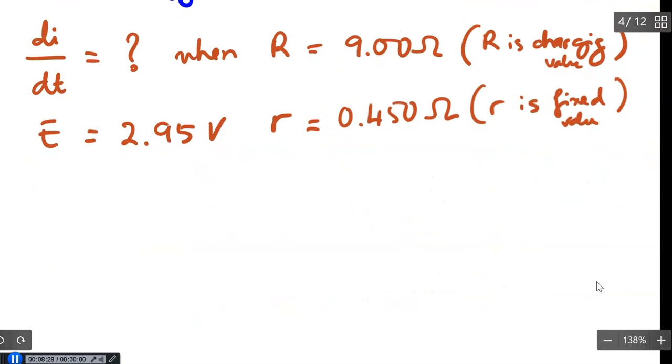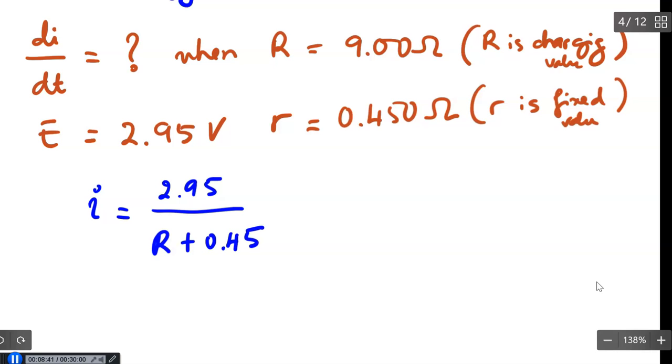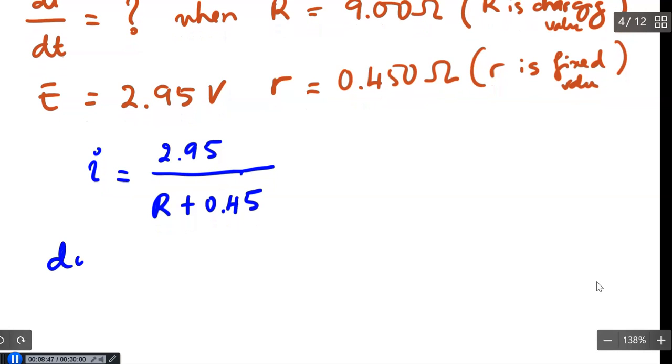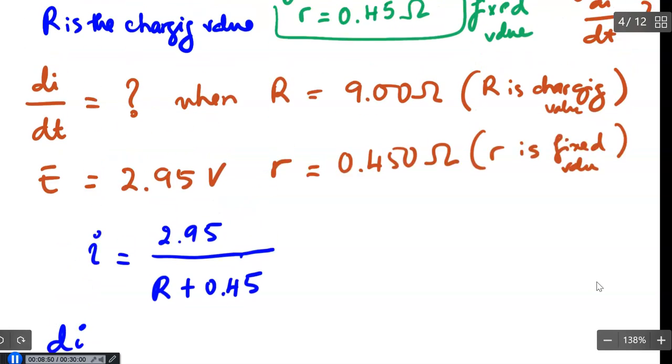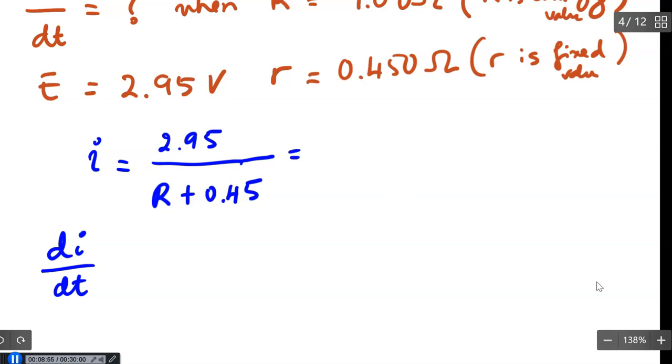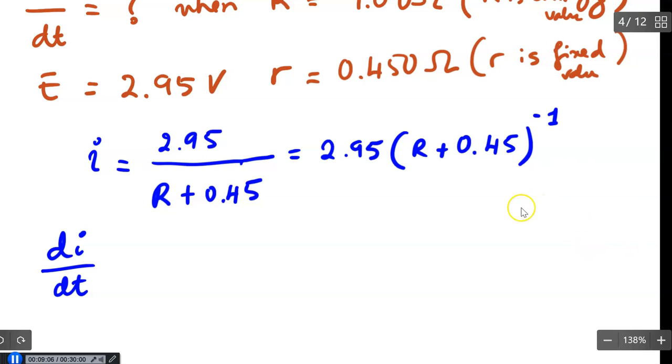Alright, so I will write my equation like this. I equals 2.95 over R plus 0.45. The fixed values stay, and the changing value I leave as the variable. Now I am going to differentiate this. I'm going to find di over dt, as they are asking me to find. In order to do that, I am going to convert this into R plus 0.45 raised to exponent minus 1.